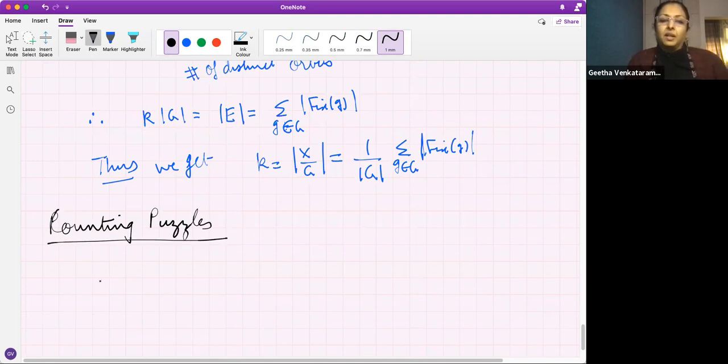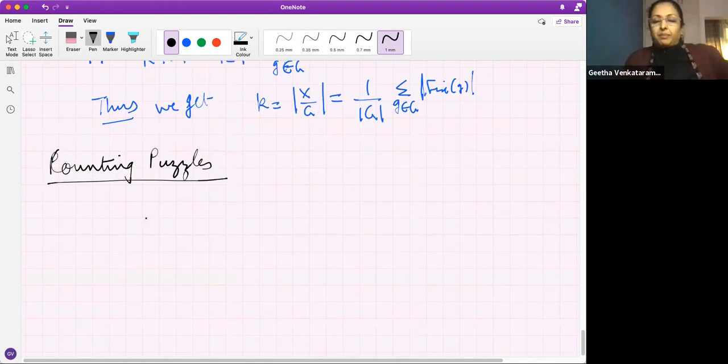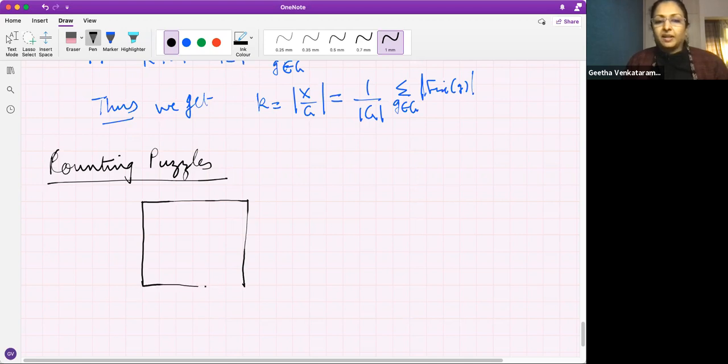Okay. So basically, you have a factory or some office which is using plastic squares. Okay, so this is a square which is broken into 3 by 3 grids.